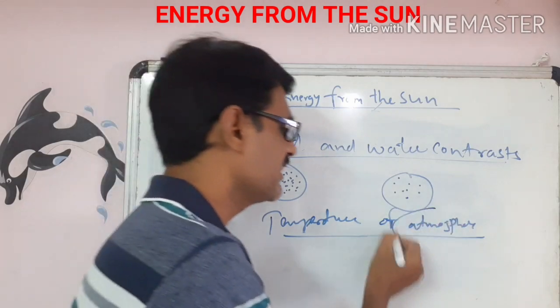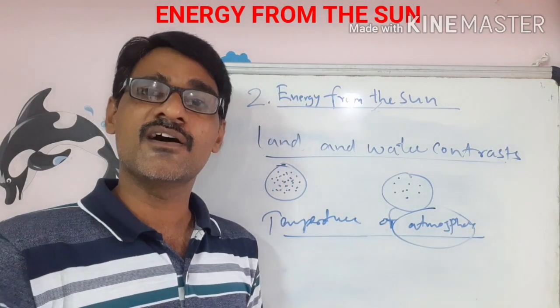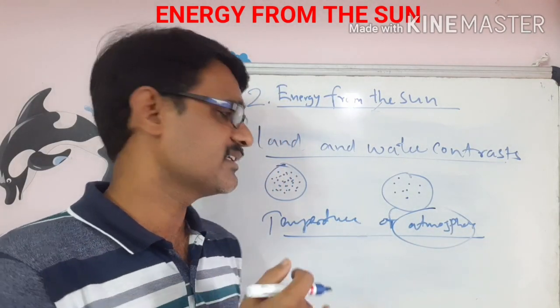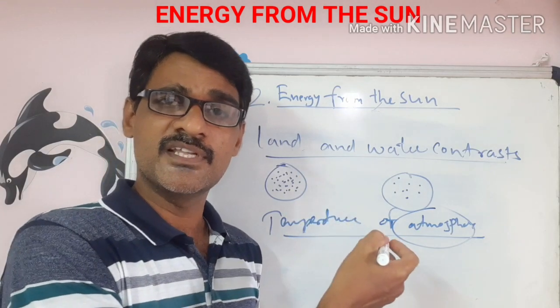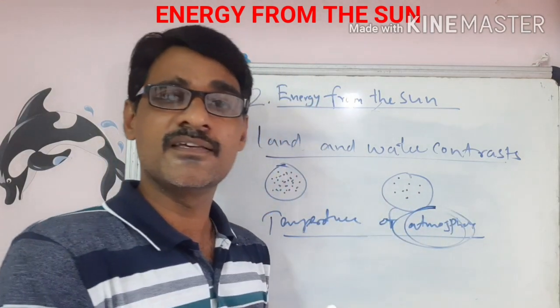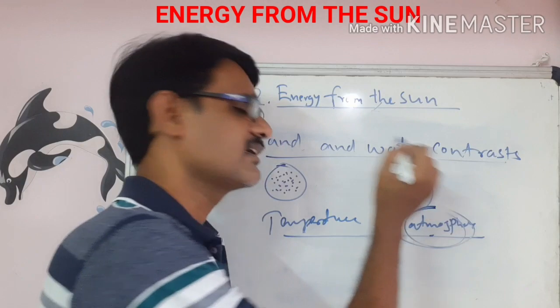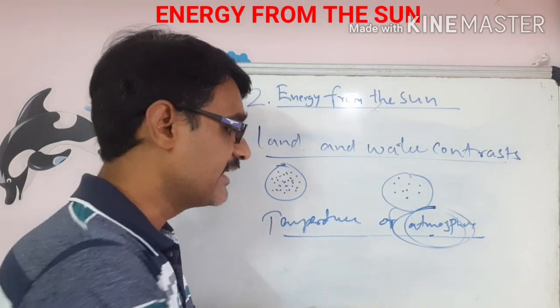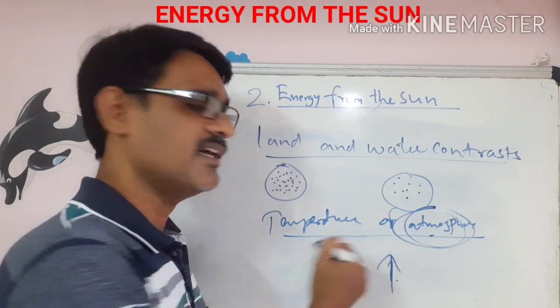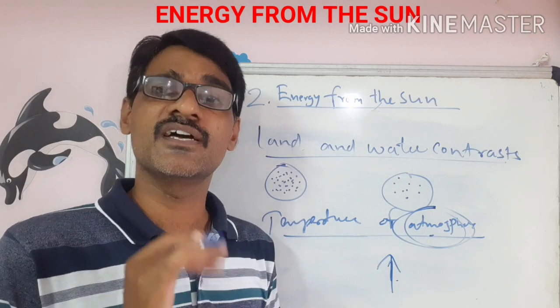So the atmosphere is not heated up directly by the sun rays. The atmosphere is heated up by the radiation of the earth. What is the radiation of the earth?